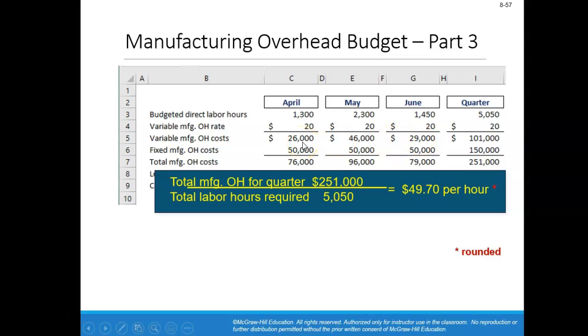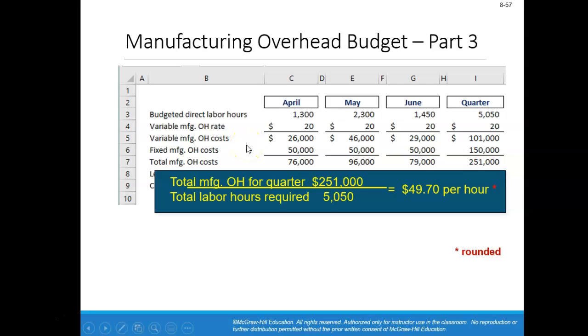So you're multiplying the direct labor hours times your overhead rate to get your variable overhead costs for each month. So $26,000 in April, $46,000 in May, $29,000 in June is a total of your variable manufacturing overhead costs.